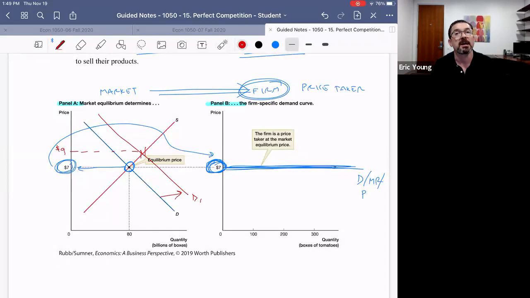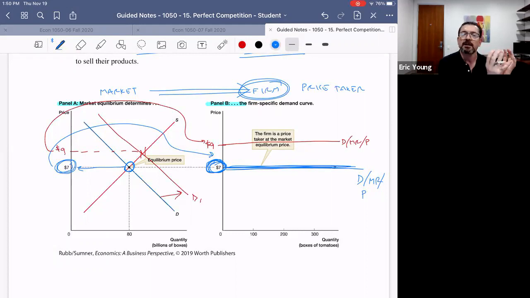Well, since the market price changed based on the supply and demand change, the firm also now takes the price of $9 as its new price and therefore its new demand curve. So really critical that you take away that interactions and movements at the market level push over to the firm level. The firm is fundamentally a price taker.